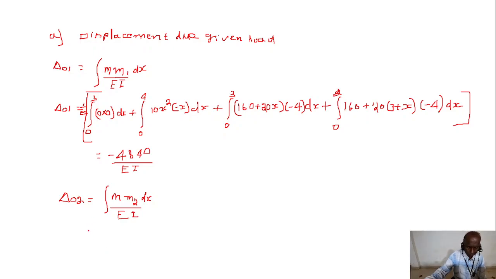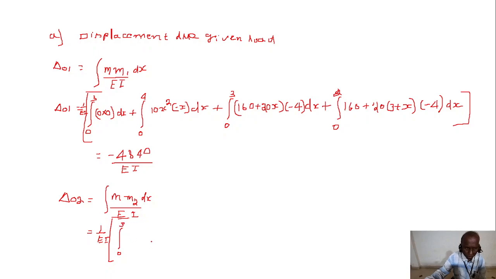Same as above, you will take the moments M and M2. Take the common EI, integration 0 to 3.